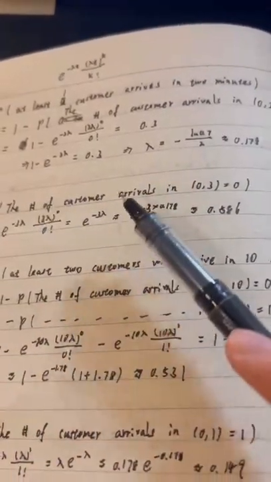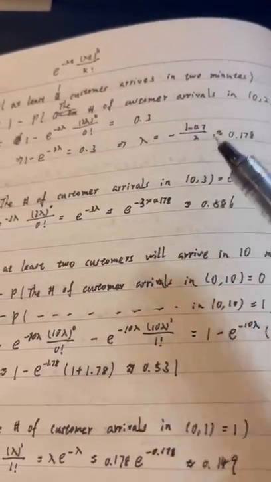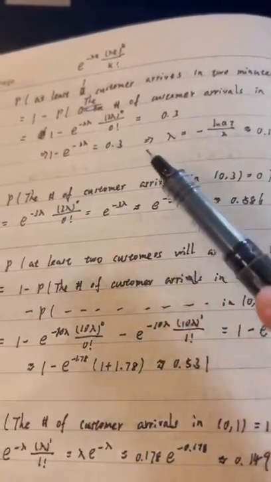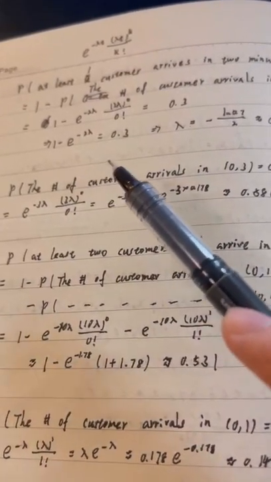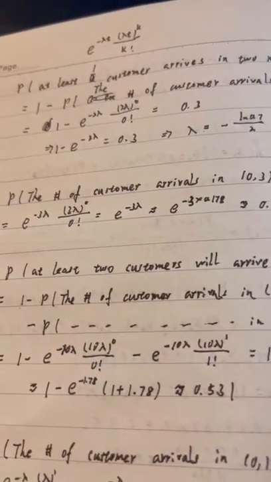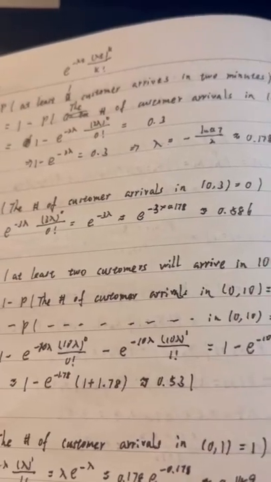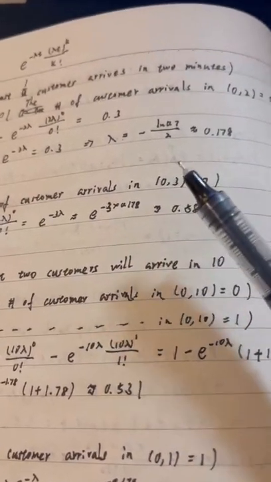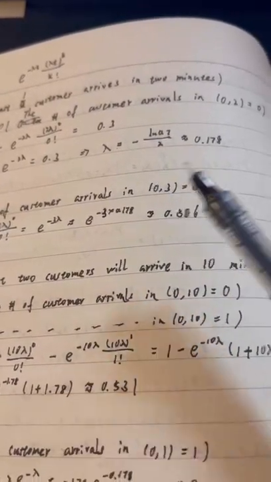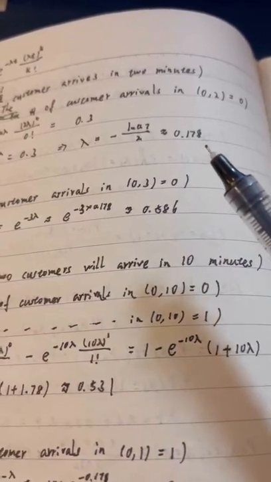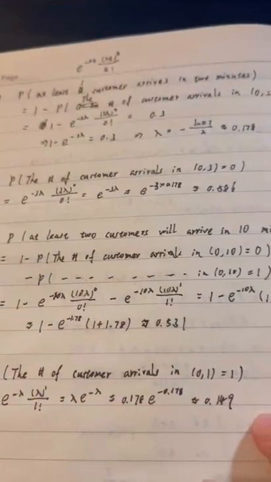So 1 minus that equals 0.3, as the problem gives us. So we have the equation 1 minus e to the power of minus 2 lambda equals 0.3. Through this equation, we get lambda equals minus ln 0.7 divided by 2, which is approximately 0.178. So that's the lambda we need.